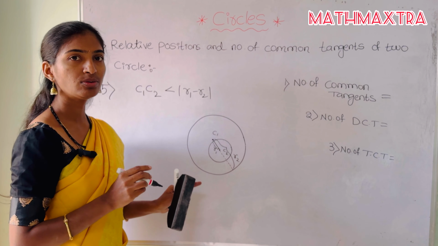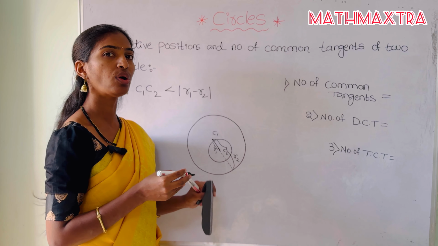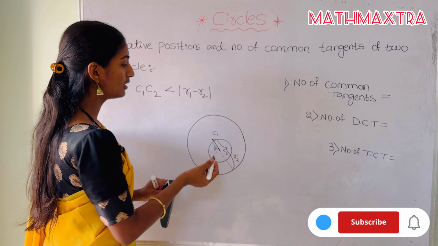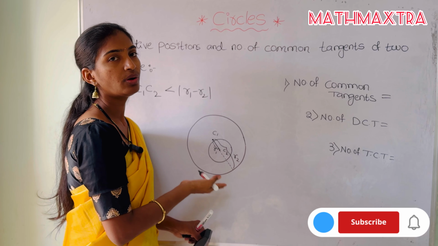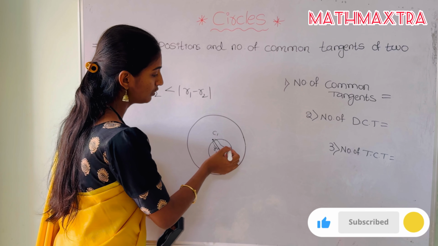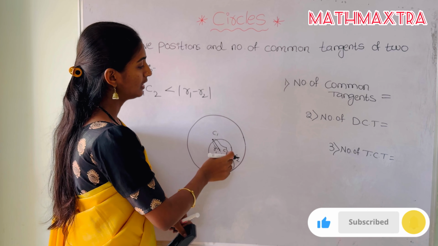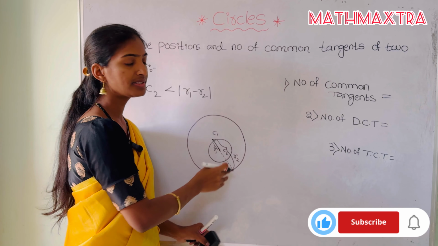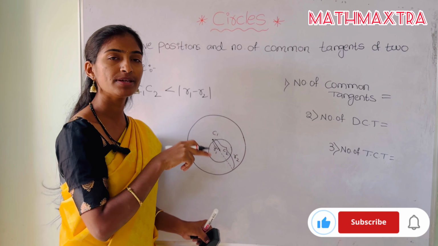Now if you try to draw common tangents, is there any possibility? No, because one circle lies completely in the interior, we cannot draw a common tangent. See, if you try to draw a tangent to the small circle, it will touch the bigger circle in two distinct points. That is not a tangent to the big circle.